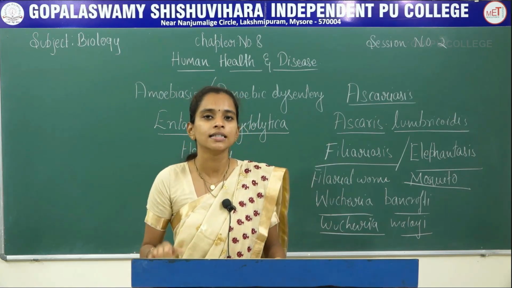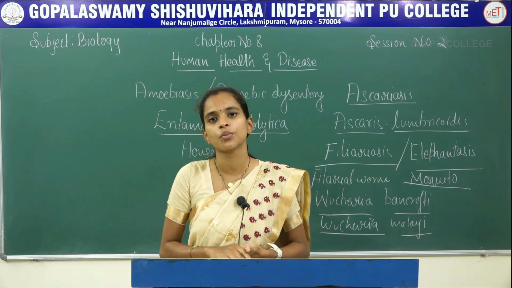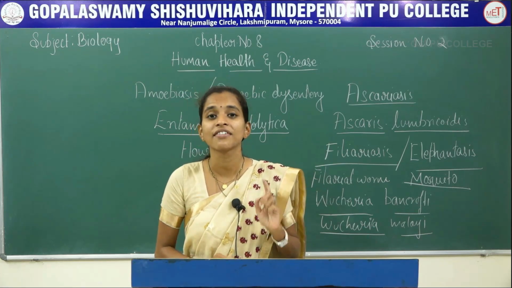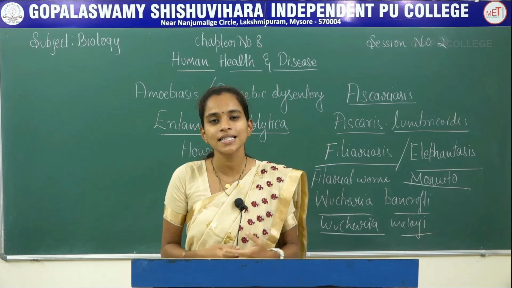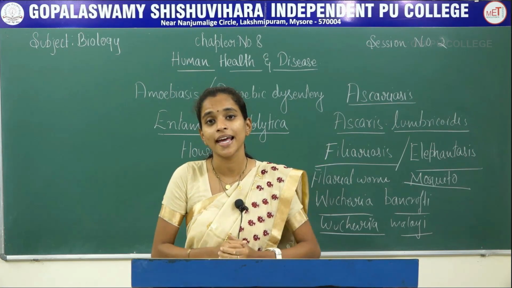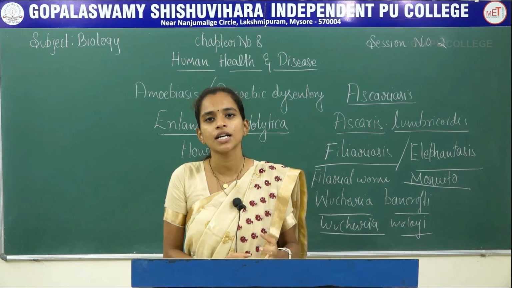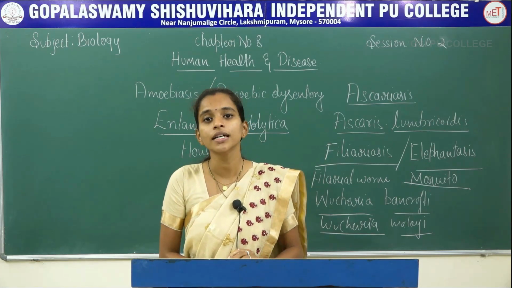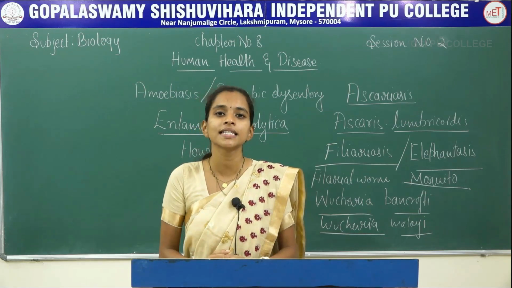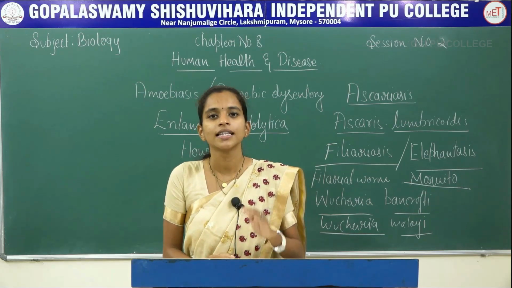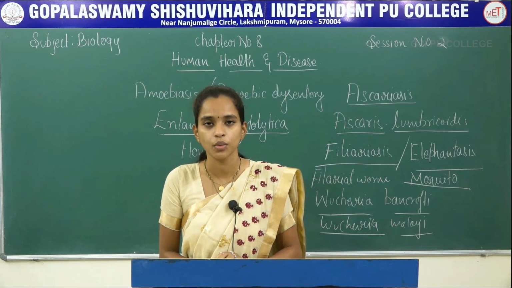Once the filarial worms enter the body, first they affect the lymphatic vessels. What do we mean by attacking the lymph vessels? They start to reduce the activity of the lymphatic system. Their number also increases to such a range that they start blocking the lymphatic vessels.